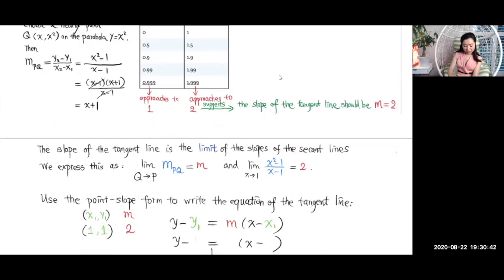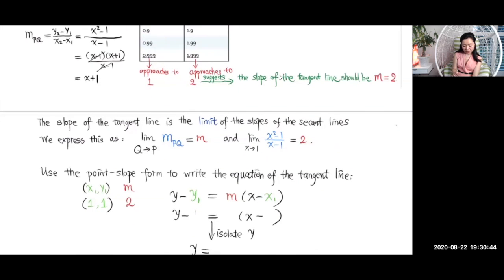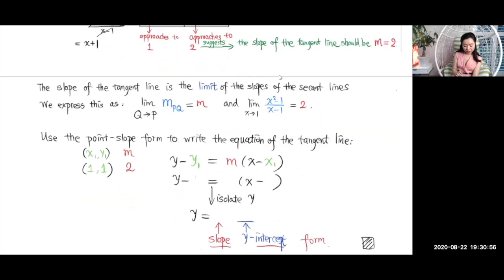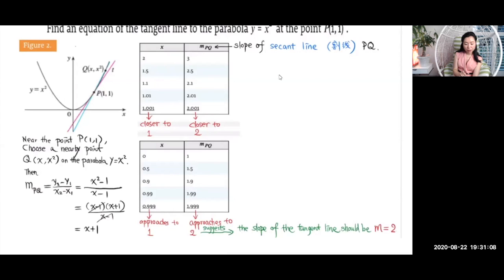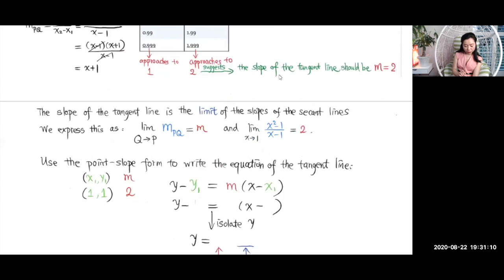Now after that, if the tangent line has slope equal to 2, we can use the point slope form to write the equation for the tangent line. The point slope form is y minus y1 equals m times x minus x1. Now the point that we have for this tangent line, we know it passes through (1, 1).